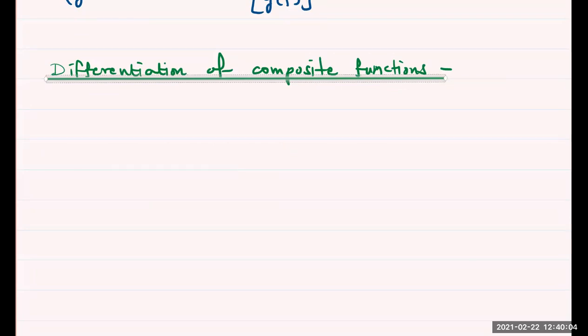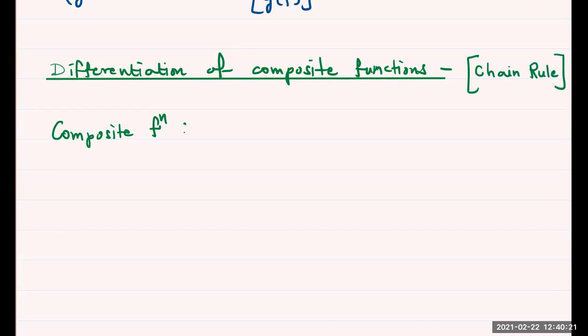What is a composite function? It is also known as chain rule. So function of a function is composite function.